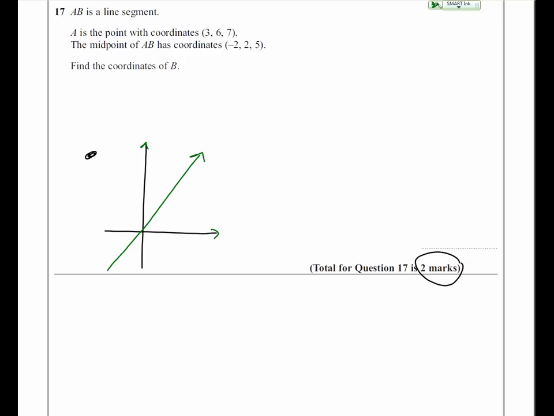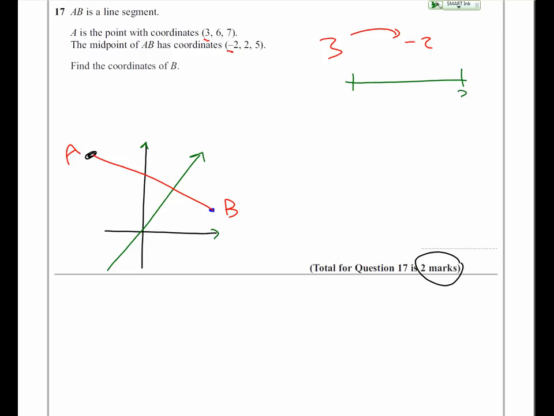Anyway, somewhere you've got these 2 points, A and B. This isn't accurate. You want to know the distance between. Now, if you know how far in the X it's gone from 3 to minus 2, and we want to know the middle of 3 and minus 2, you could just think of that as the X direction.